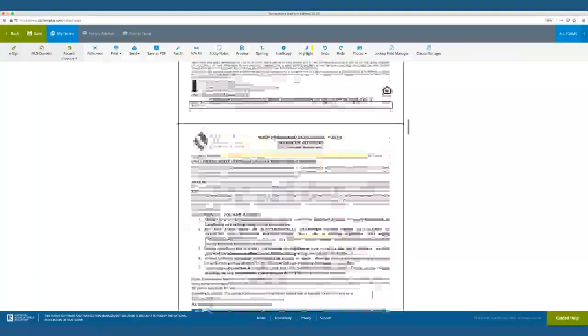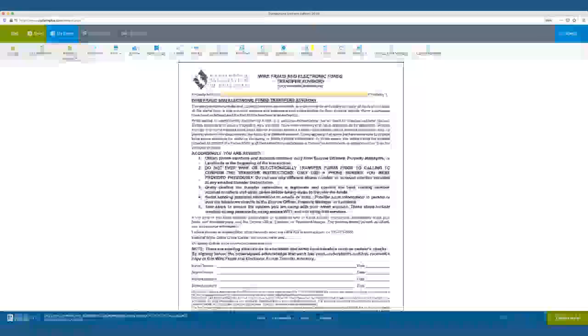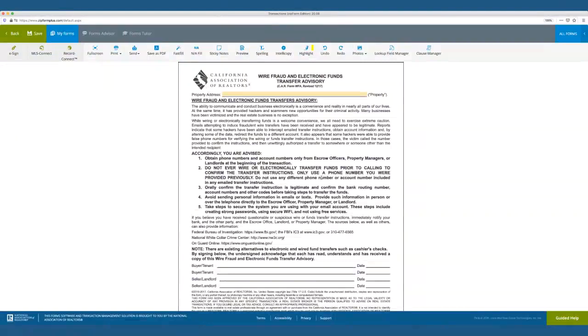The next is the wire fraud and electronic funds transfer advisory. It's very important in regards to a sale of property. Wire fraud is rampant.